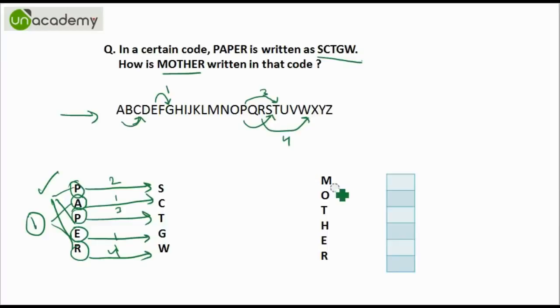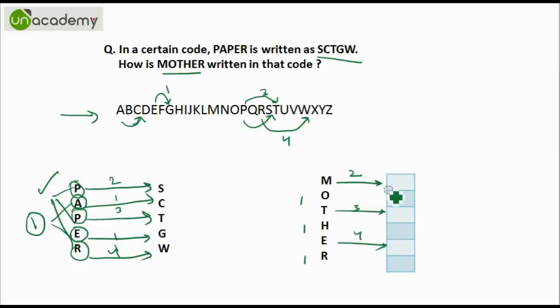So we will follow the same pattern to code mother. In this code, M will have 2, O will have 1, T will have 3, H will have 1, E will have 4 and R will have 1 jump.